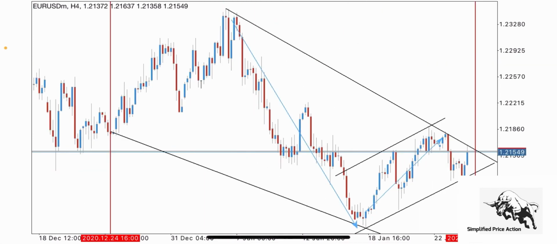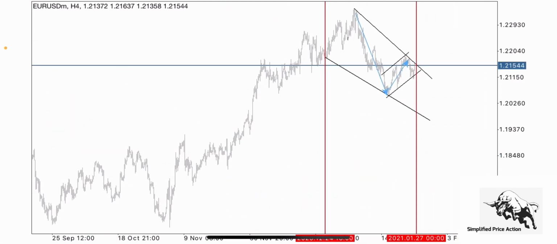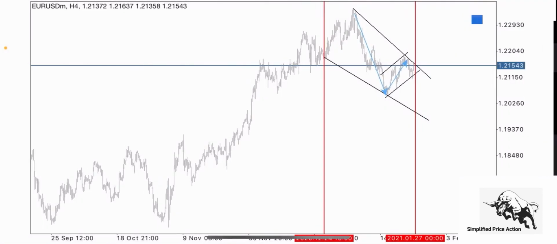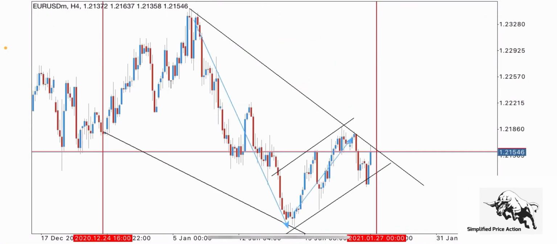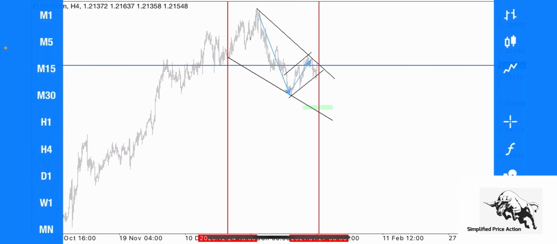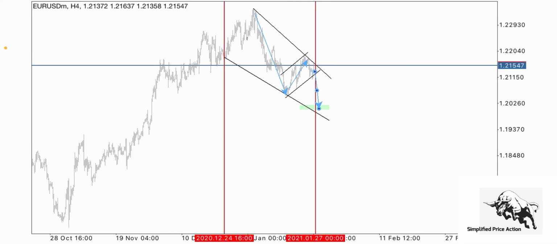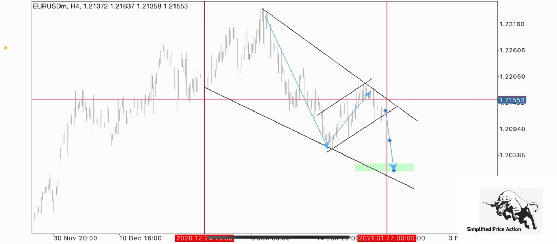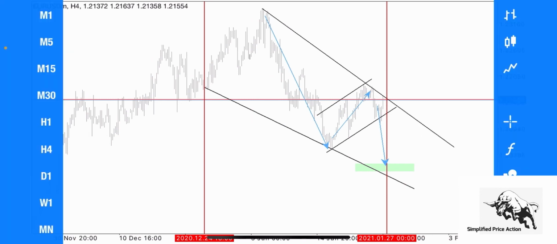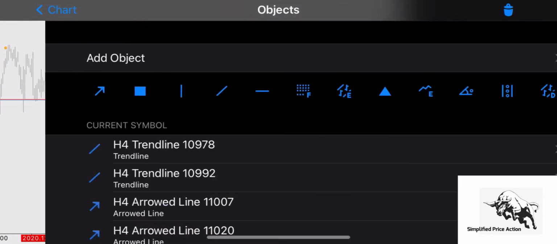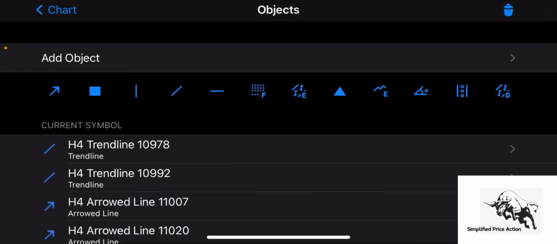And we're looking to have a lower low to possibly this area right here, which will be our next impulse move, because an impulse move is a move in the direction of the overall trend. So we're looking for a possible impulse move to this green area, where we'll also look for buying opportunities, and we'll take that as a correction move, because you know that the movement that opposes the trend is a correction move.